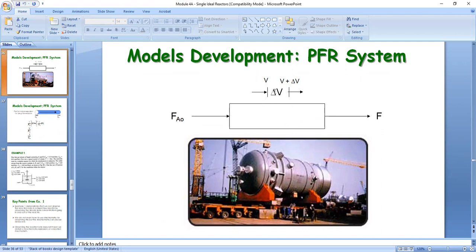So the volume coming in is V and the volume coming out is V plus delta V. Okay, that's for our plug flow. The initial molar feed rate is still labeled as F sub AO, and the final molar flow rate is F sub A. Now, how do we write the performance equation for this system?